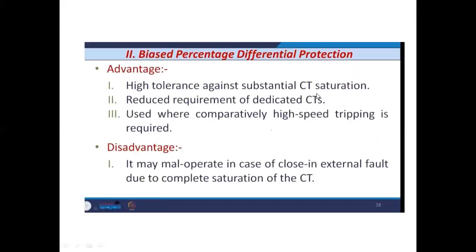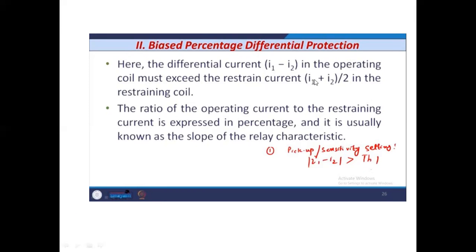Or I1 minus (I1 plus I2) divided by 2, multiplied by 100 in the case of percentage. So when these two values, the differential current and the percentage bias, exceed their threshold values, then the relay will operate.